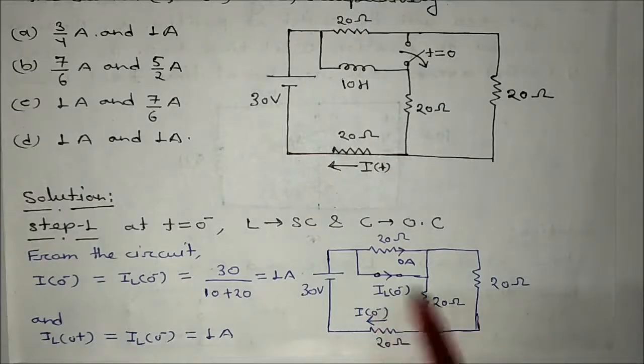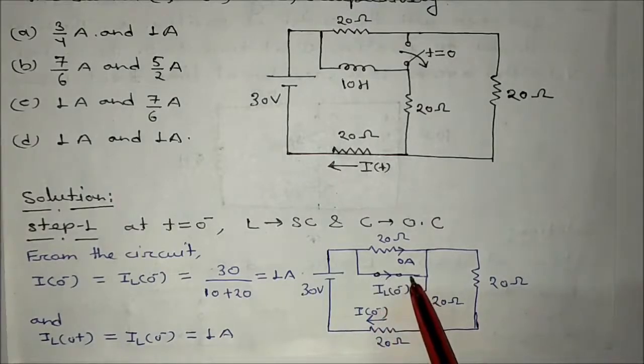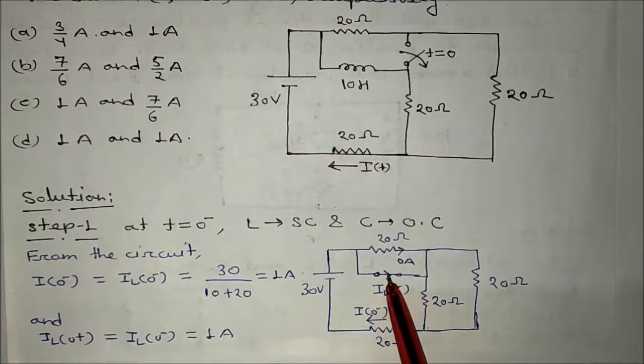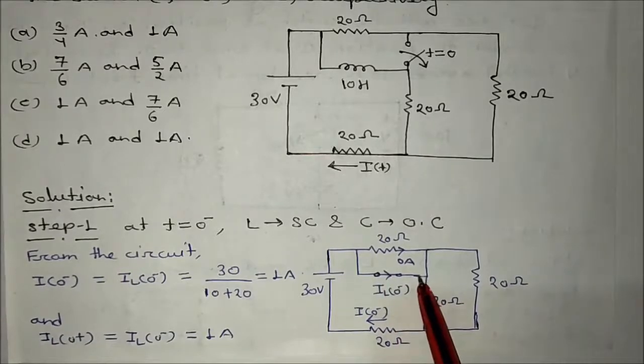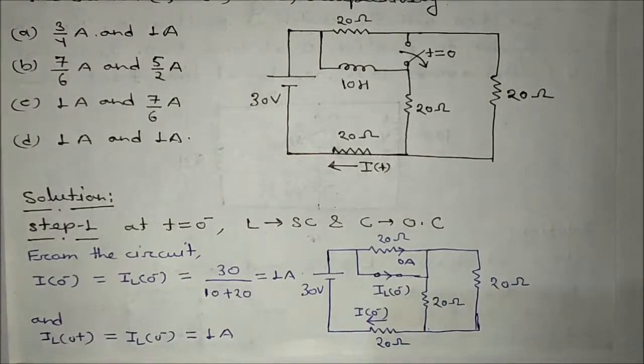Okay, so you can see here, this is shorted, that means it will create short here. Okay, so this current will be 0. Whole current will pass through this one. Okay, so this will be IL0 minus. Is it okay?